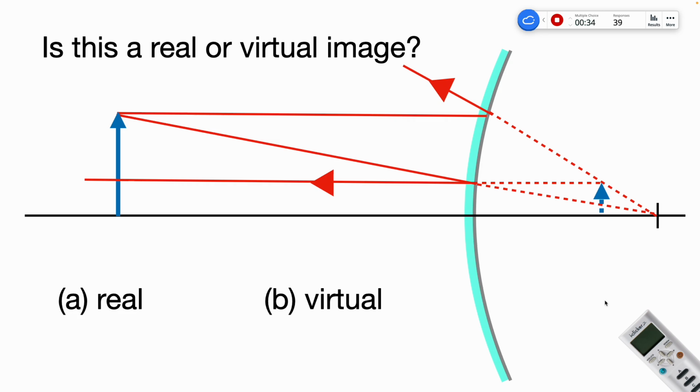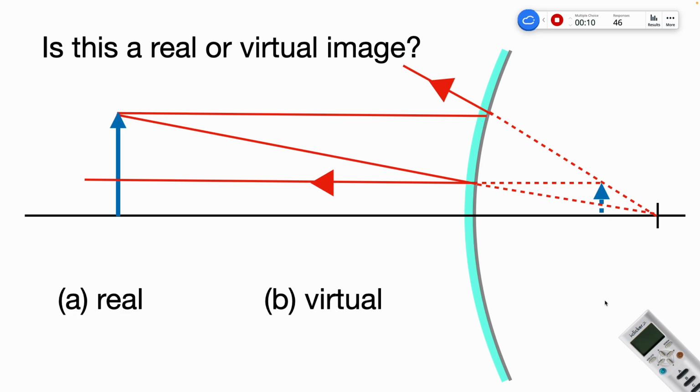So I can put a screen over here, and you will see the image on the screen. So in this example, this is a real image. I can put a screen over here, and you can see the image is actually over here because the light actually passes through this point.